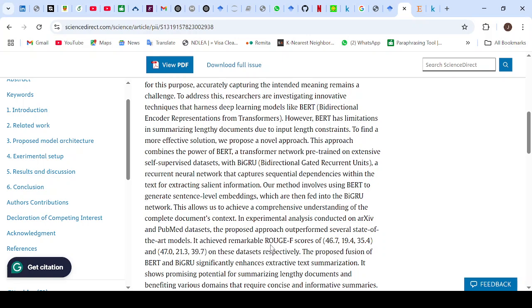It achieved remarkable ROUGE-F scores of 46.7, 19.4, 35.4, and 47.0, 21.3, 39.7 on these datasets respectively.